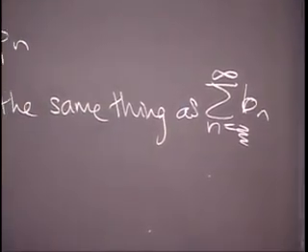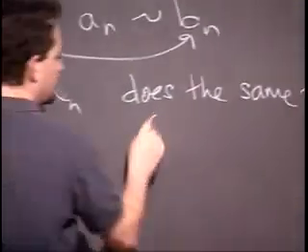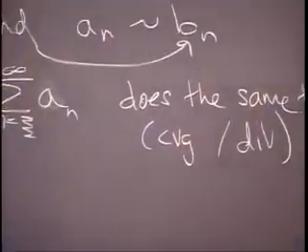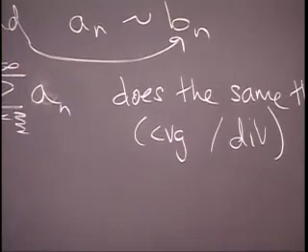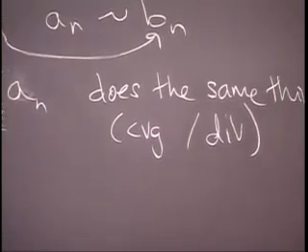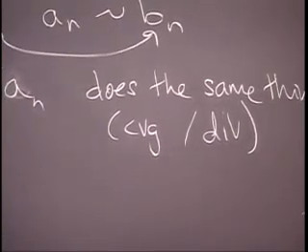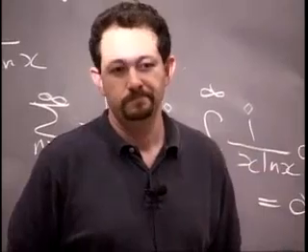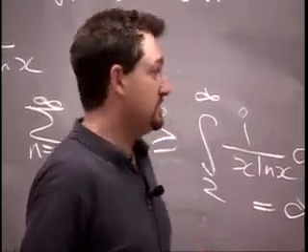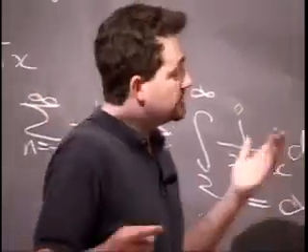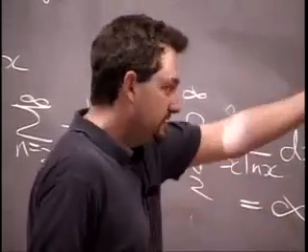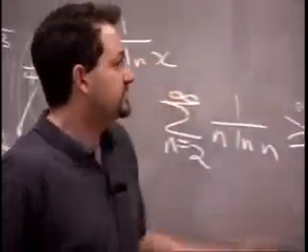What do I mean by does the same thing? I mean converges or diverges. If the series b_n diverges, then so does a_n. If it converges, the a_n series converges, but not necessarily to the same thing. You just know whether or not it converges. That's the same as it was for the integrals, right? In the limit comparison test, you're looking for twiddly sort of stuff, and then you check the new one and see if that converges.